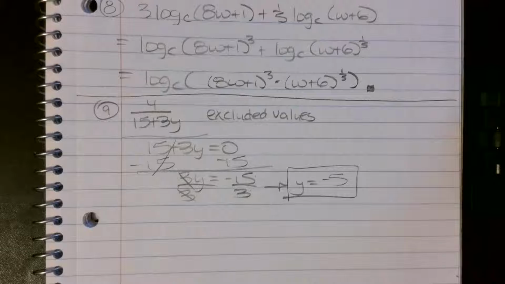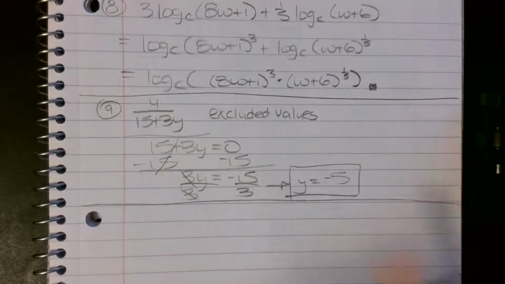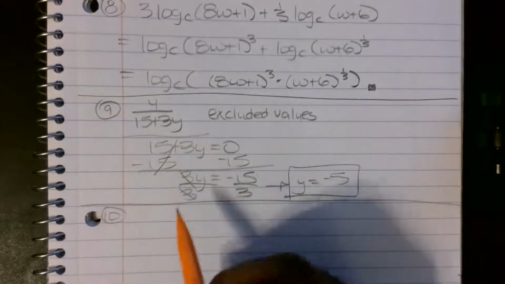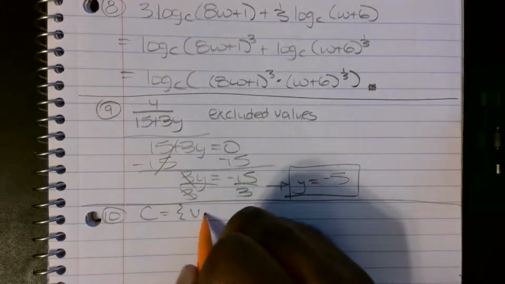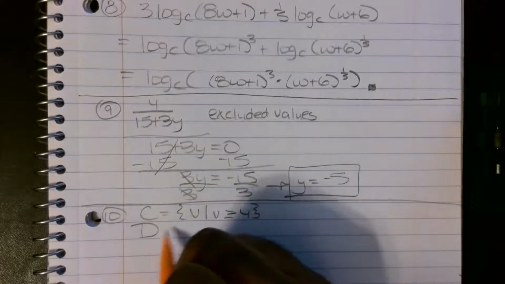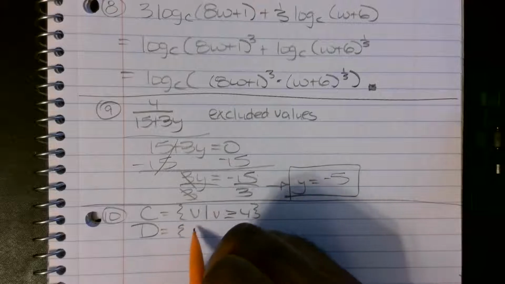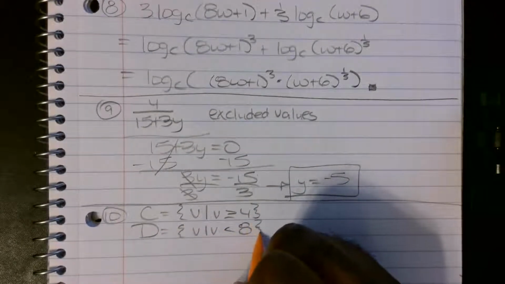Okay, well, this will be a blast from the past. For number 10, we have C is the set of V such that V is greater than or equal to 4, and D is the set of V such that V is less than 8.